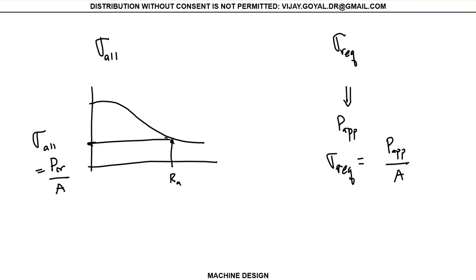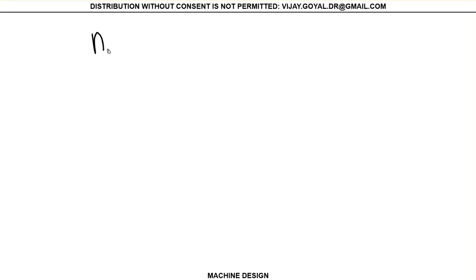Moving on, we know your factor of safety is equal to allowable divided by required, which can also be equal to P critical divided by P applied. That comes from the fact that in order to find your load, you just multiply by area, but area is the same on top and bottom, so they cancel out.